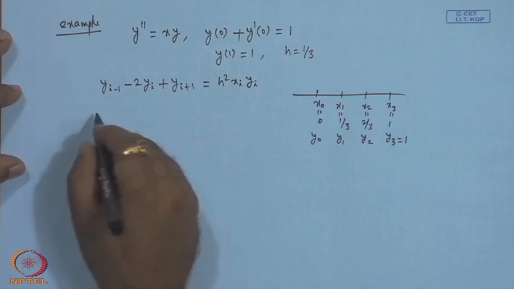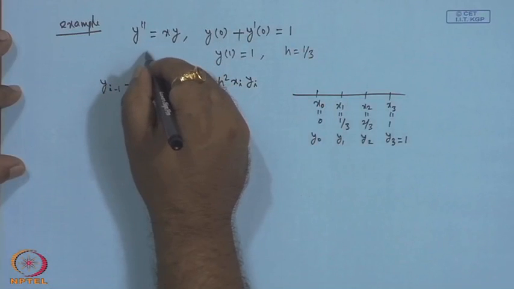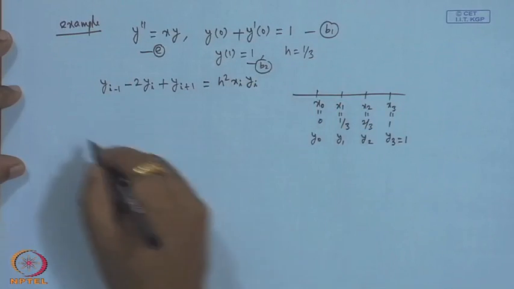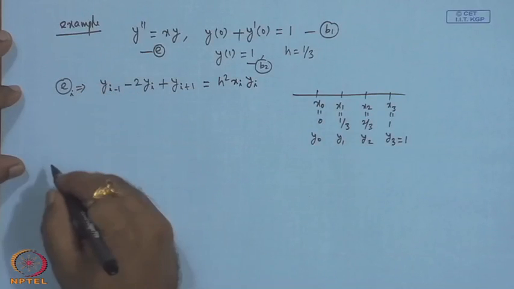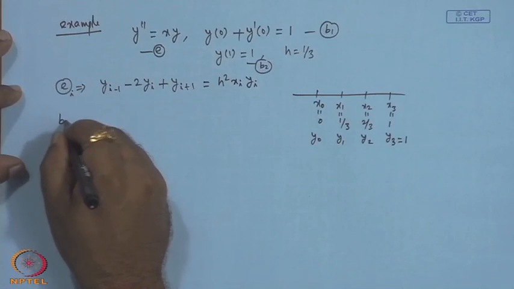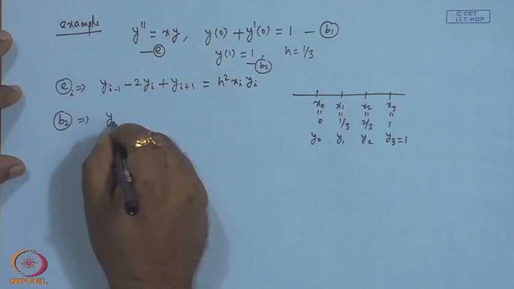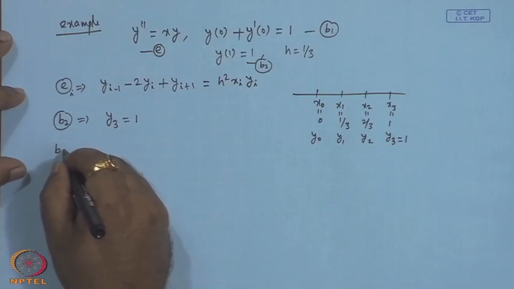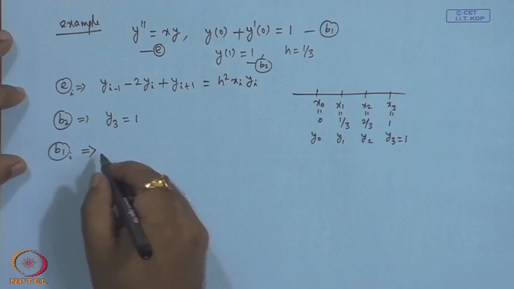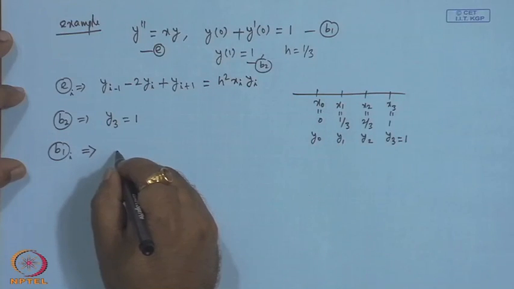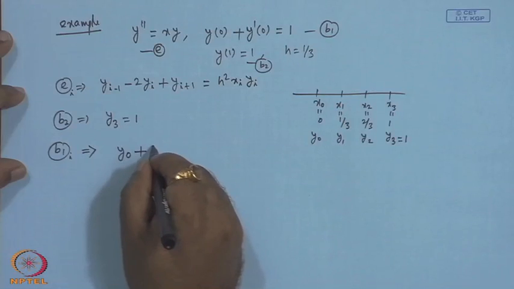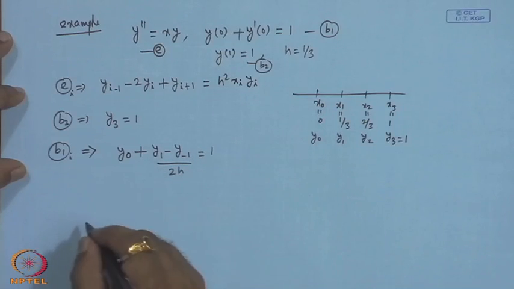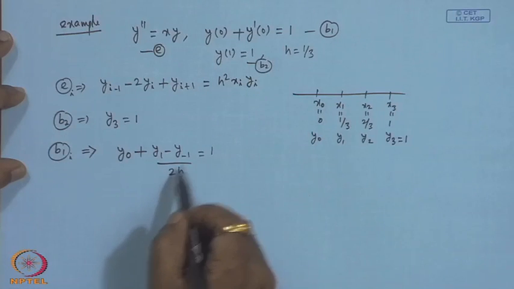So, this is the equation, and this is the discretization. B1 discretized would give y0 plus y dash equals 1.